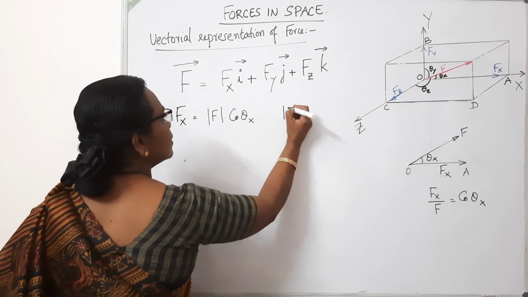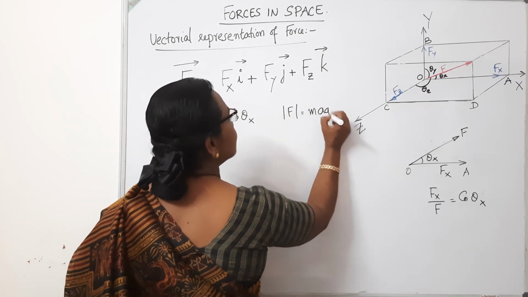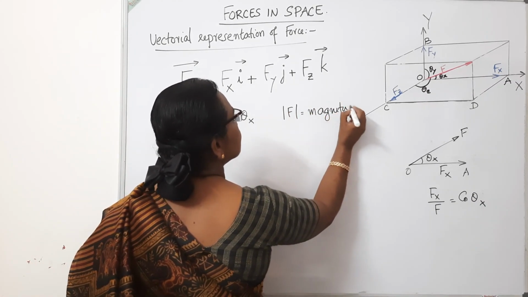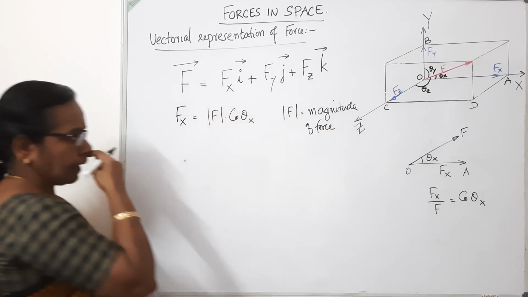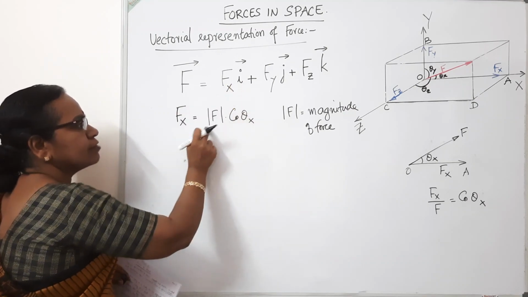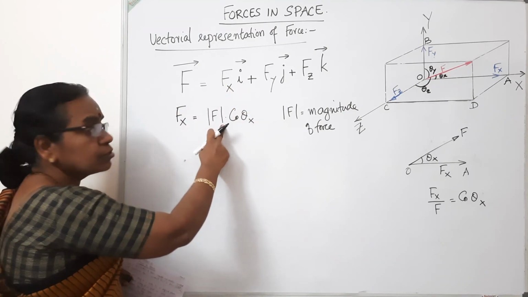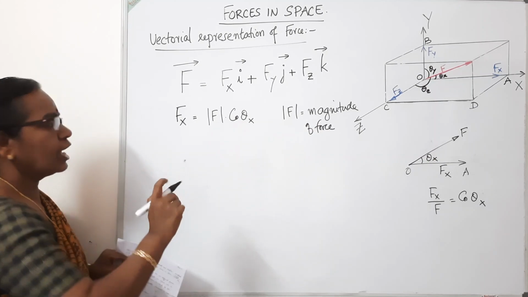This is the magnitude of force. So the horizontal x component of the force, Fx i, is nothing but the magnitude of the force multiplied by cos theta x, where theta x is the angle which F makes with the x direction.